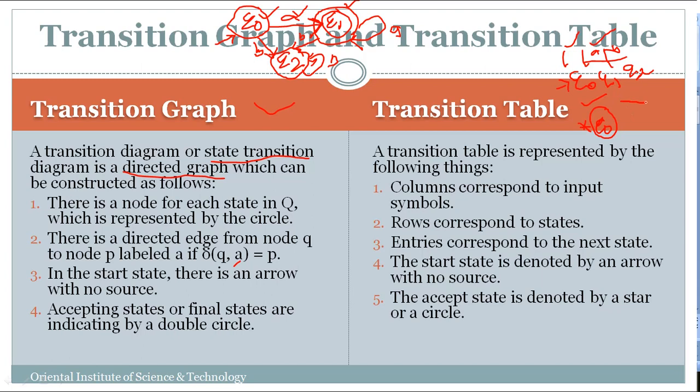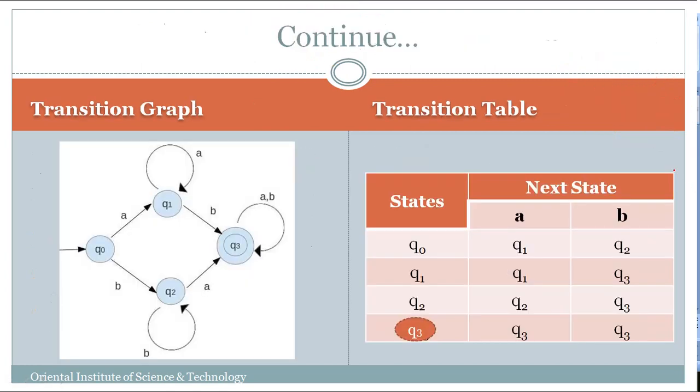Here every row in the table represents transitions from a particular state on each and every possible input. So in these two ways you can represent it. These are the examples. In this particular transition diagram, Q0 is the initial state. On input A it moves to Q1.